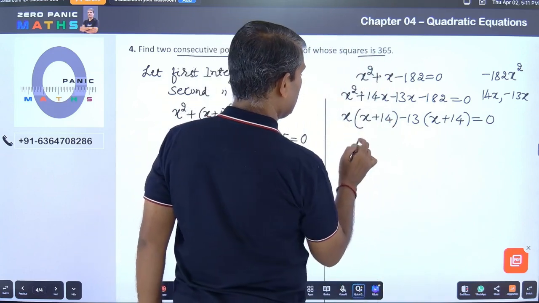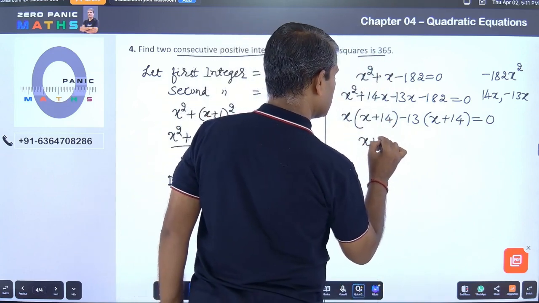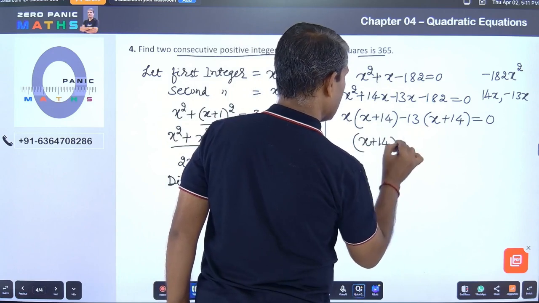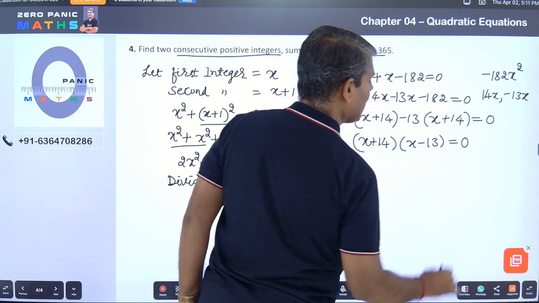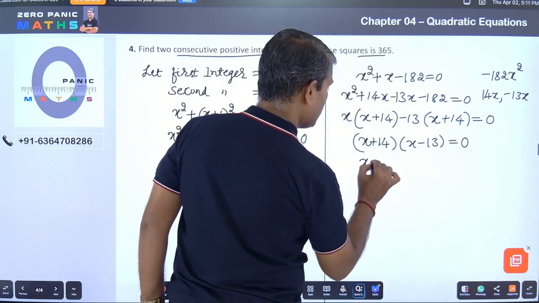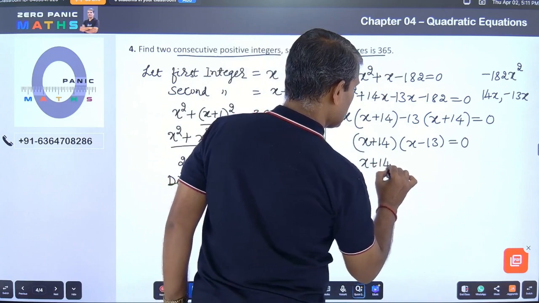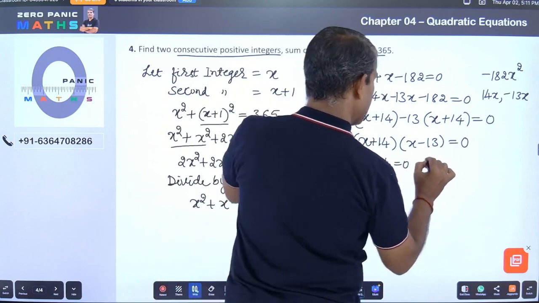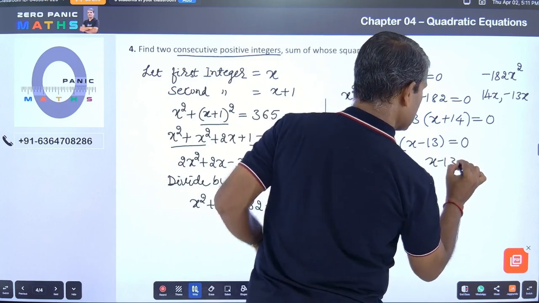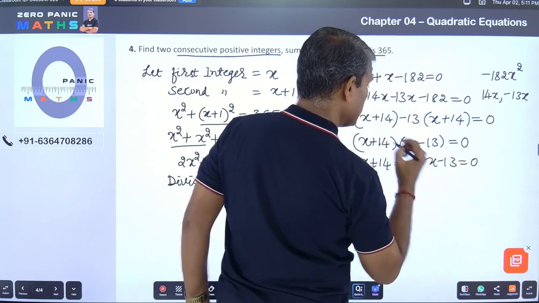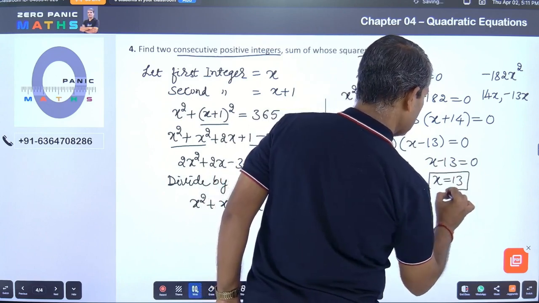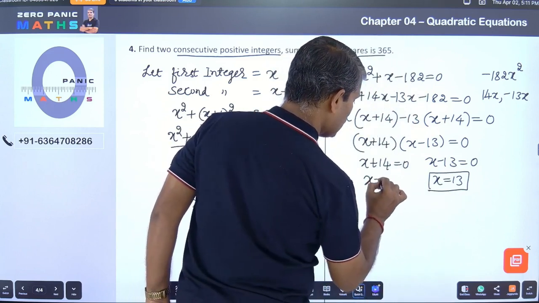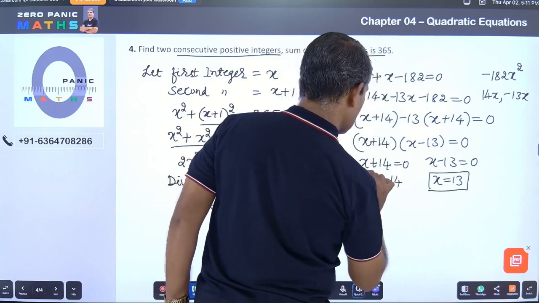So x plus 14 and x minus 13 are the factors of the given equation. So x plus 14 is equal to 0 and x minus 13 is equal to 0. So there will be x is equal to 13 as one root and x is equal to minus 14 as one root.